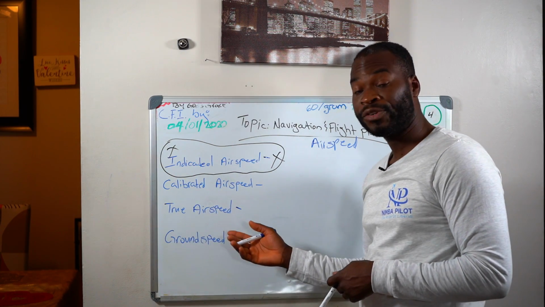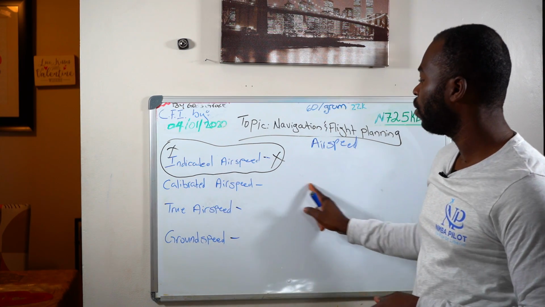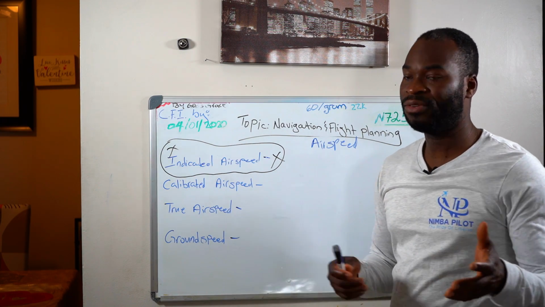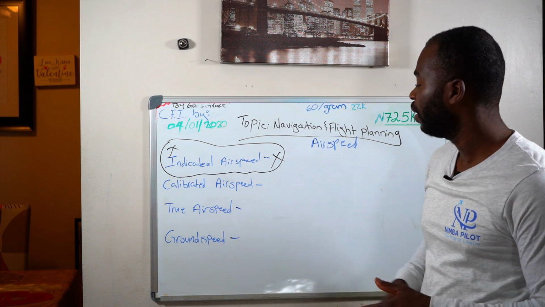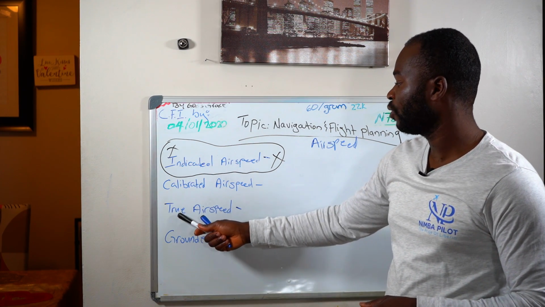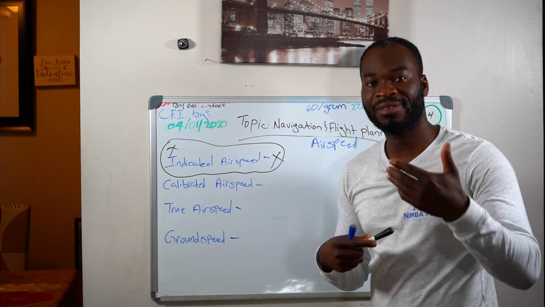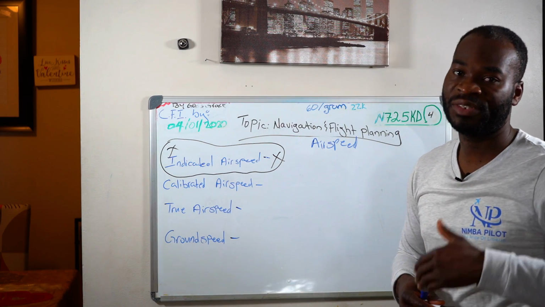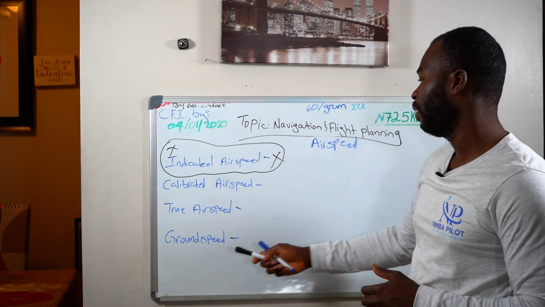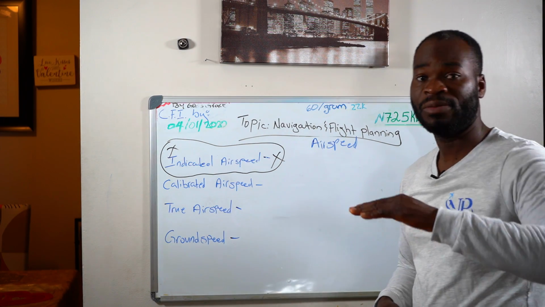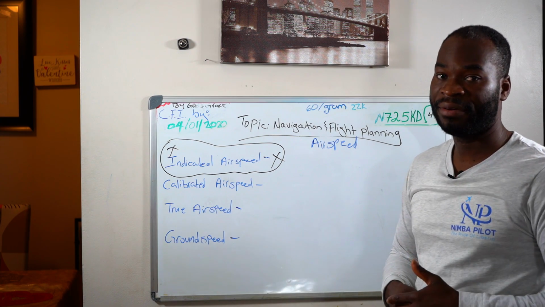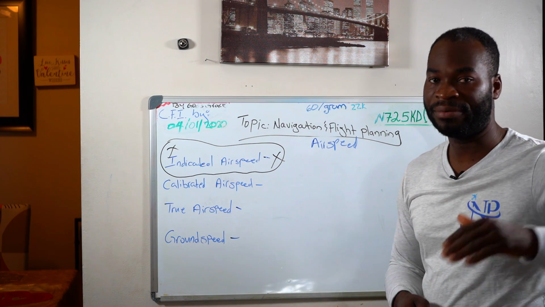And your true airspeed always comes from your manufacturer. You'll see it in your POH. The true airspeed is the airspeed of the aircraft as it moves through the surrounding air, and your ground speed is the speed of the aircraft as it moves above the ground.